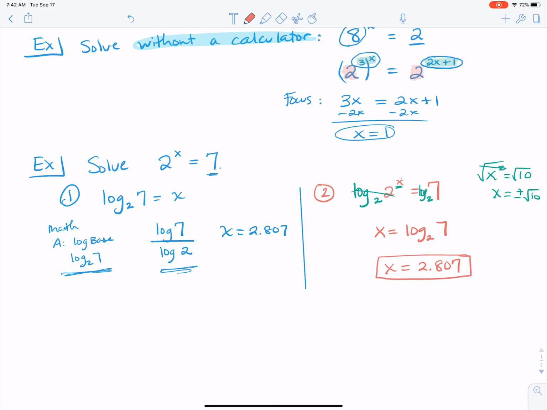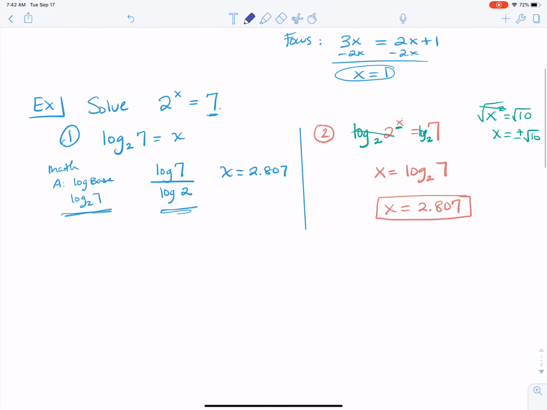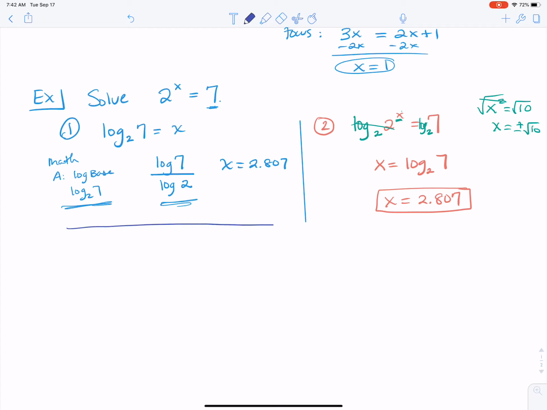And I changed my mind. I'm going to show you the third way. And y'all get to just pick which one you like the best. Method 3 still is using the fact that log and exponentials are inverses of each other.